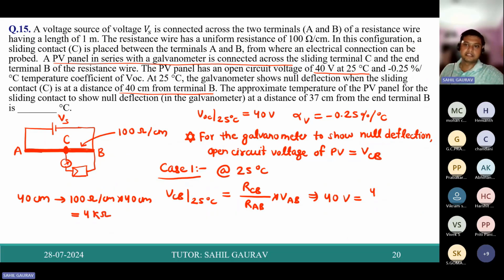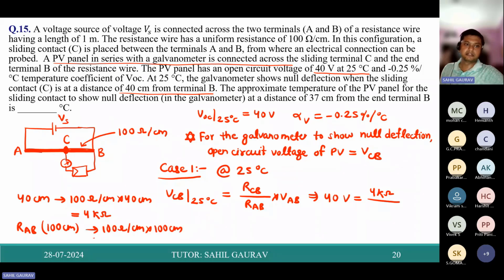So RCB is 4 kilo ohm, and the whole resistance of the wire, since the length is 1 meter and 100 ohm per centimeter, RAB is 100 ohm per centimeter into 100 centimeter.